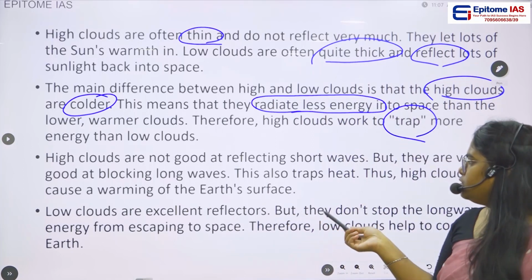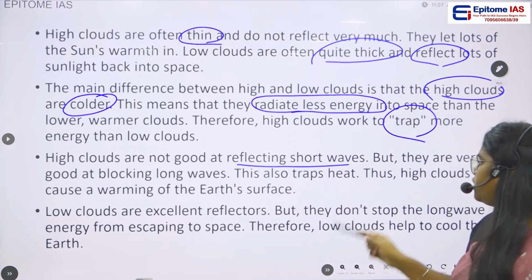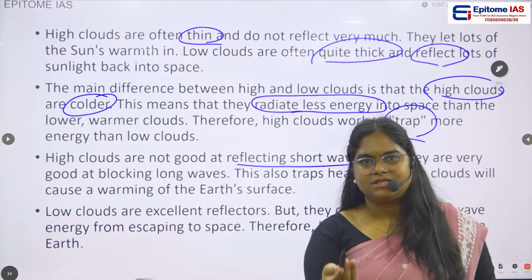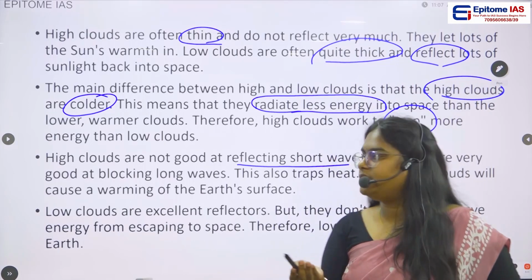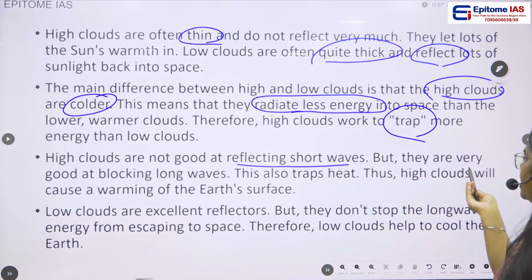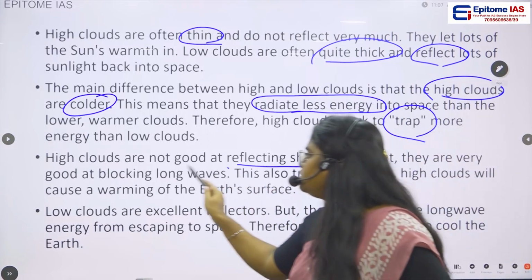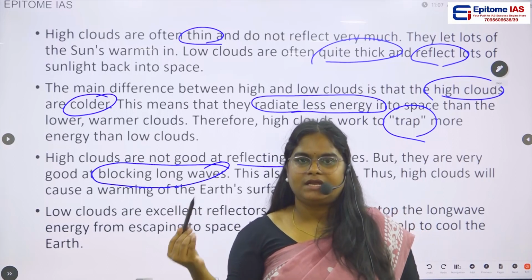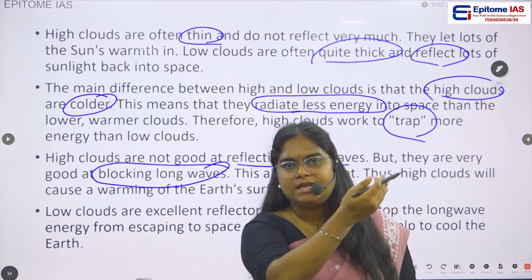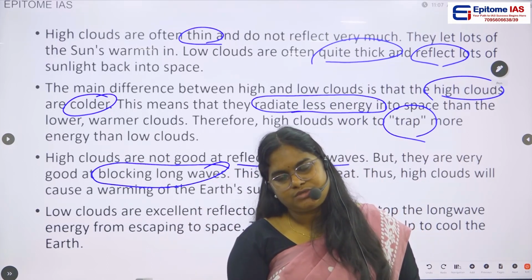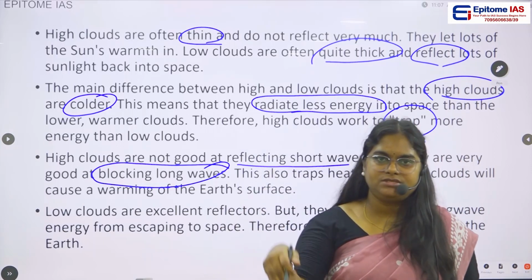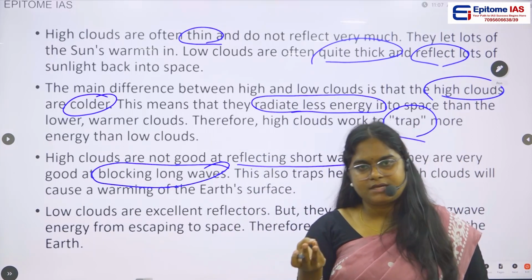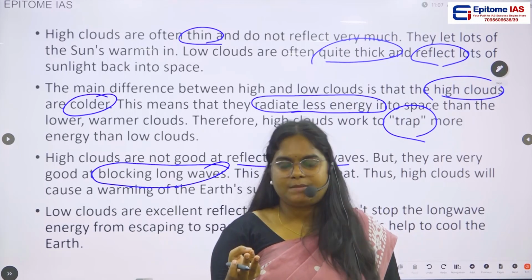The high clouds are not good at reflecting short waves, which are nothing but the incoming solar waves, but they are very good at blocking the long waves. Technically, these high clouds let the incoming solar radiation pass through and reach the earth's surface, which increases the earth's temperature.